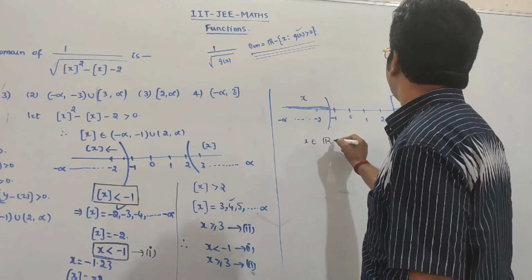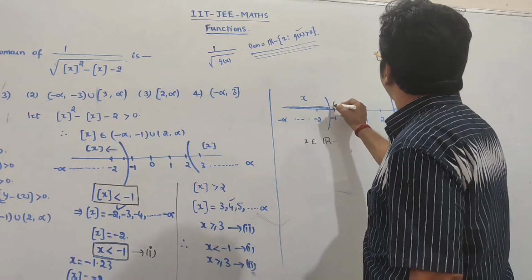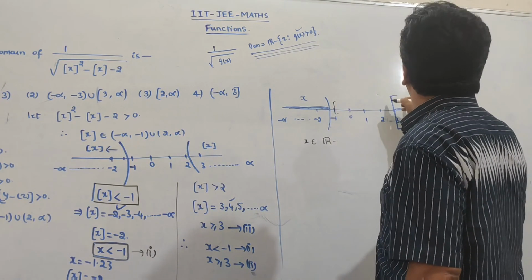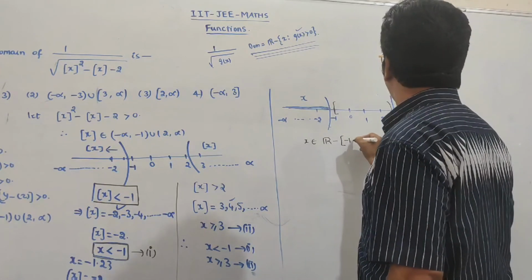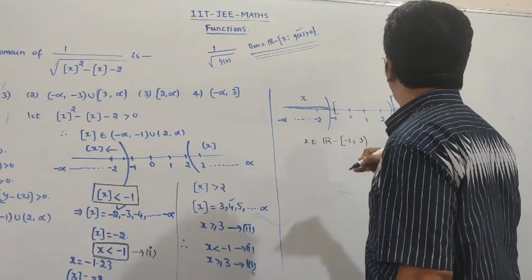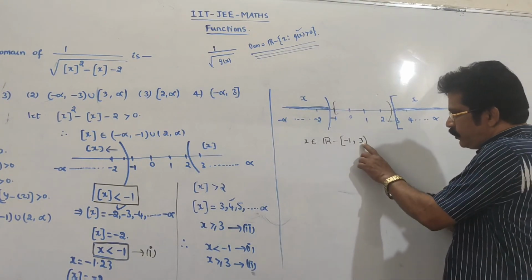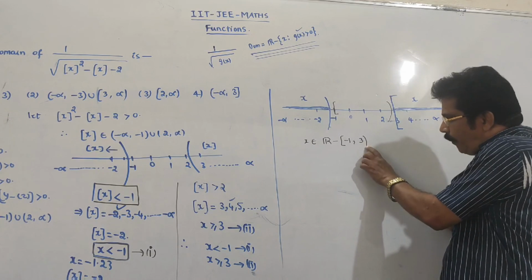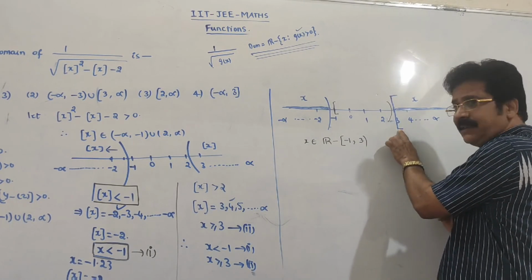This area is the excluded area, an open interval: minus closed interval of (minus 1, 3) open. Here we should put 3 in an open bracket because in our required solution 3 is included.